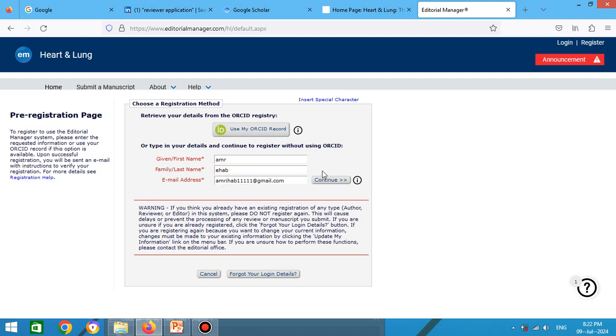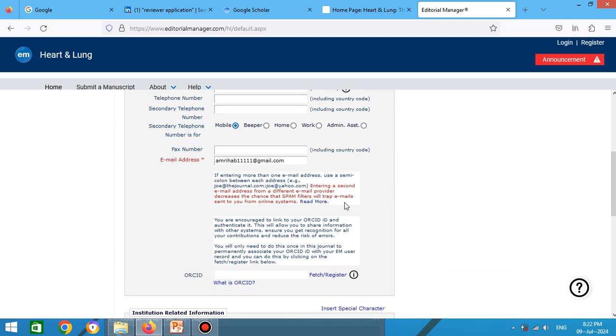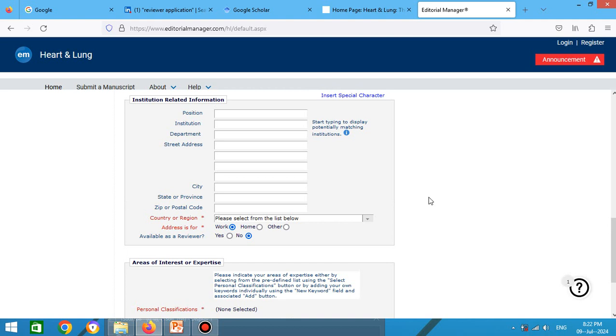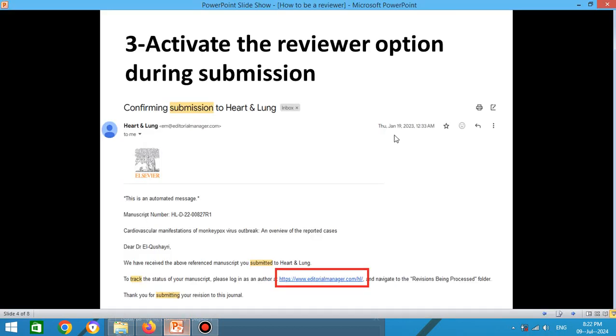Rehab. Continue. You will find an option called available as a reviewer. You can select yes for this question, in which the editor may send you a reviewer invitation.